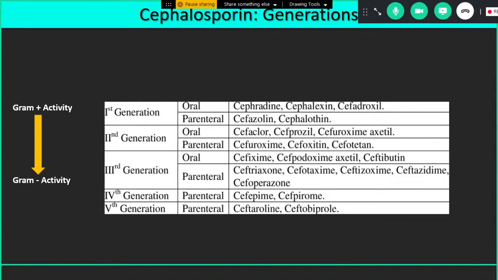Now, in the fourth generation, they have pretty good gram-negative as well as gram-positive activity. Even the gram-positive activity is better than some of the third generation. So the fourth generation has very good gram-positive and gram-negative activity.